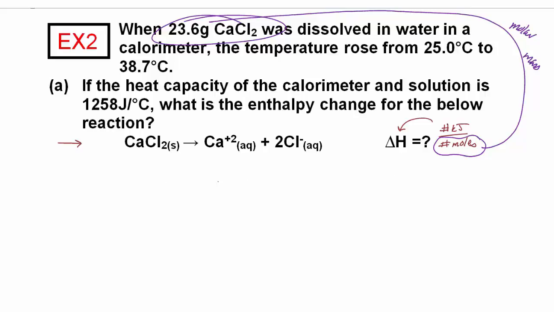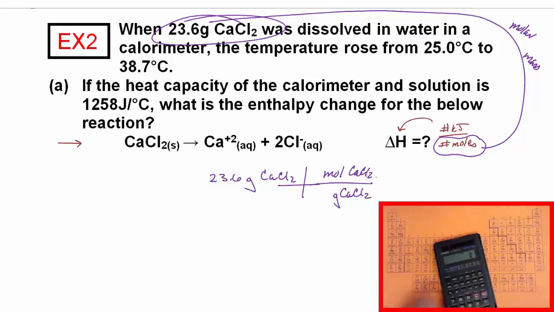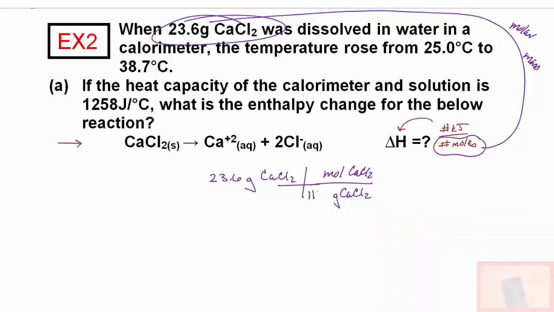We'll have 23.6 grams of calcium chloride, and a mole of calcium chloride. Calcium is 40.1 plus 35.45 times 2 for chlorine, 111 grams per mole. So about 0.21 moles.